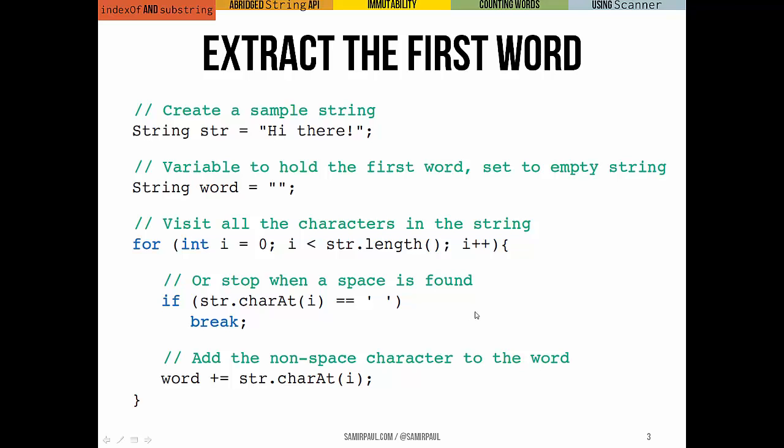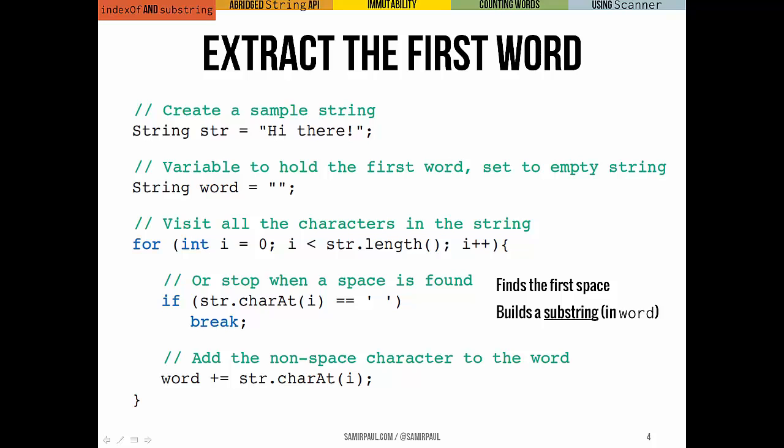And so we're able to use the equals equals operator with the space character. And if it's not a space, then we just tack on that character to word, which is our accumulator. So as you can see, this code combines these two tasks of finding the first space character and building a substring of the original string.